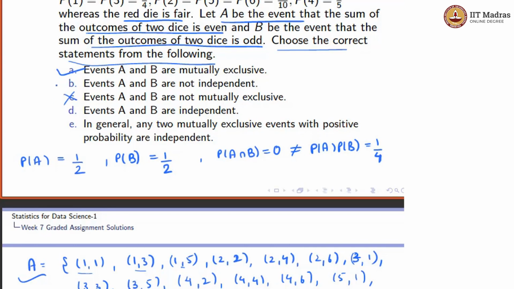So option B is correct. Similarly, option D will be incorrect because we have already seen that A and B are not independent. Now the fifth option is, in general, any two mutually exclusive events with positive probability are independent. As we have seen in this example, the events A and B were mutually exclusive and they were not independent. So this option will also be true. So our correct options are A, B and E.